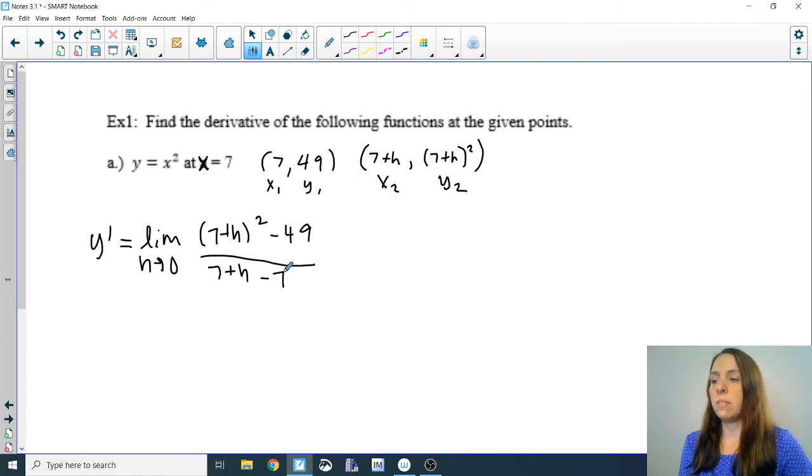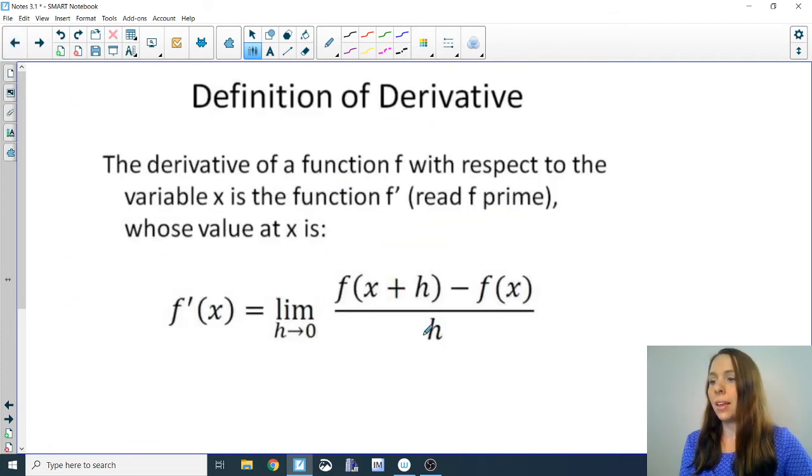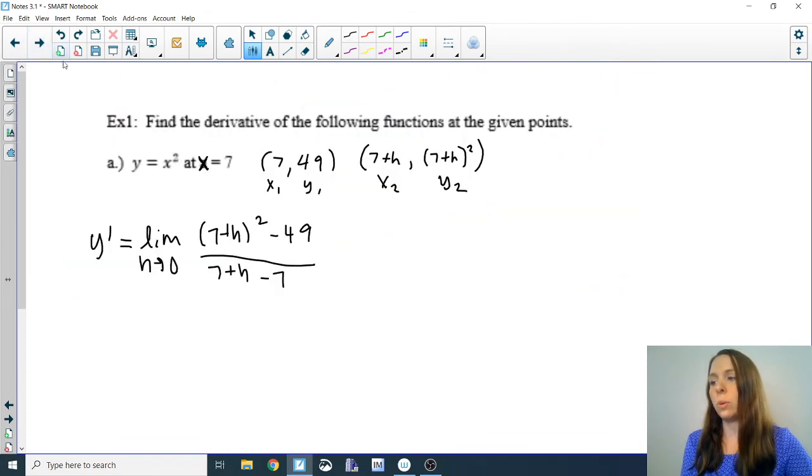We know that this 7, this minus 7 are going to cancel. Can we just put an h there? Sure. Yeah, that's right there. So go for it. I just like to show when I set these up that I'm just doing slope between the points that we established. All right, now what I mean by side calculations is right here. This is what you're going to need to work on because, yeah, that's going to happen, right?